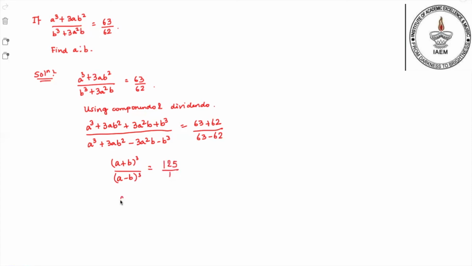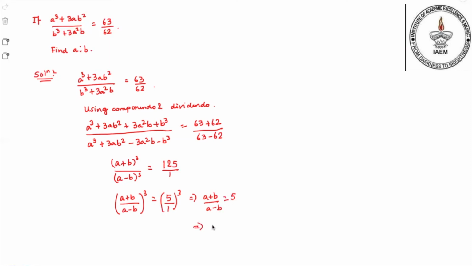So effectively, in the next step, we can write (a plus b) by (a minus b) whole cube equals (5 by 1) whole cube. For that matter, we will get (a plus b) by (a minus b) equals 5.